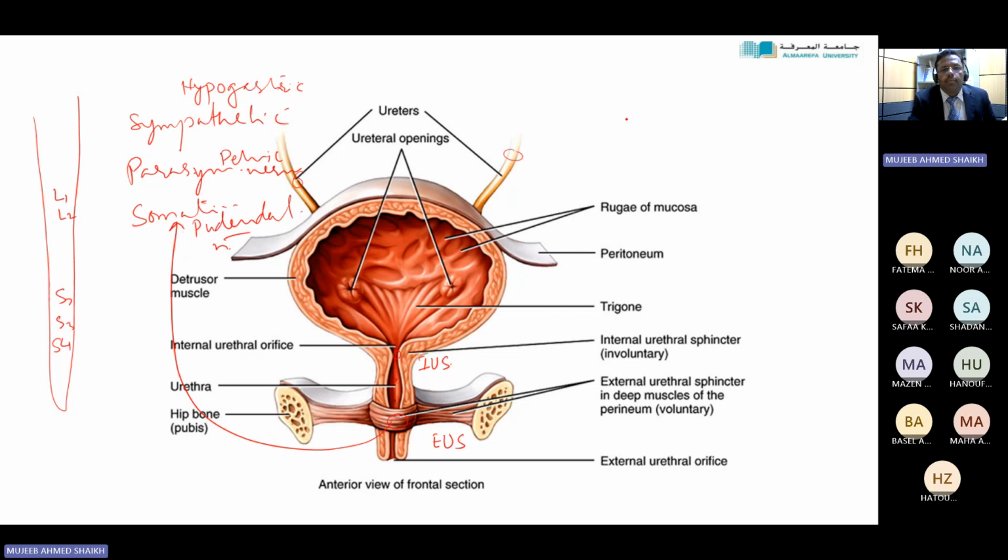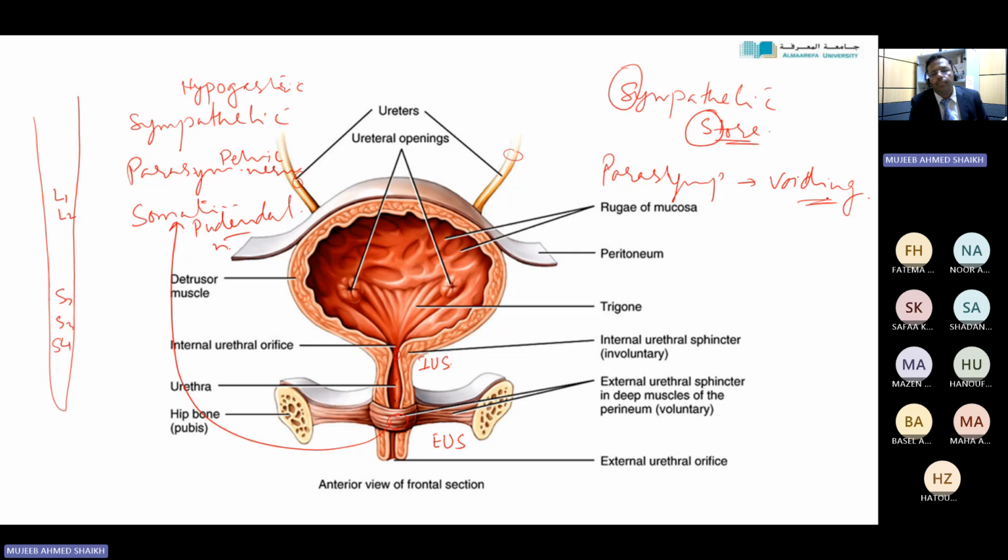What is the function of sympathetic? It is to store the urine. S for store, S for sympathetic. Parasympathetic is for voiding the urine. You want to give out the urine, voiding the urine. And the pudendal nerve is for the voluntary control.